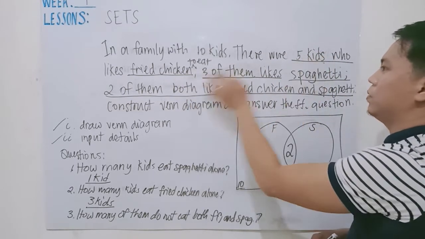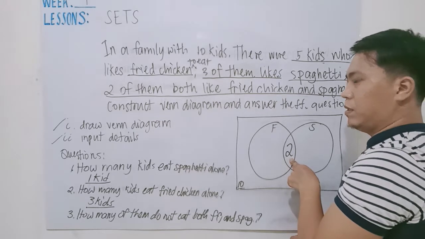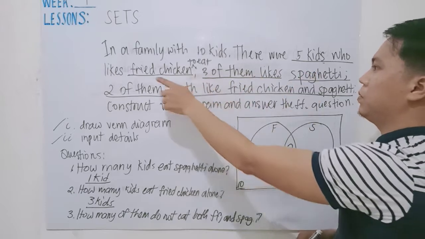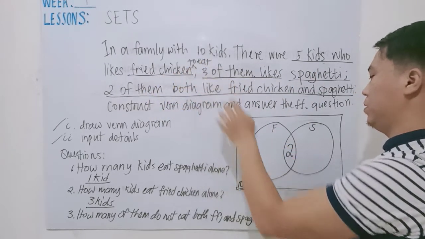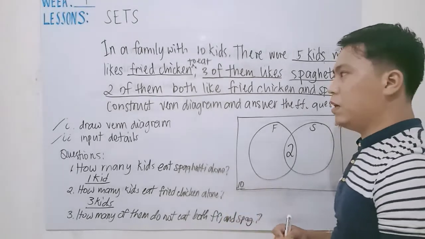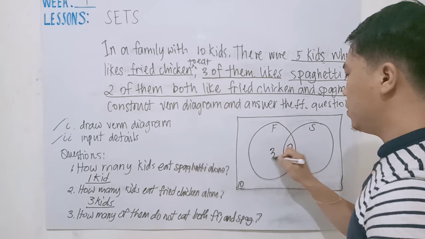So 5 kids like fried chicken to eat. Since 2 is given here and 5 kids like fried chicken, the remaining number of kids who like to eat chicken is 3. Why?